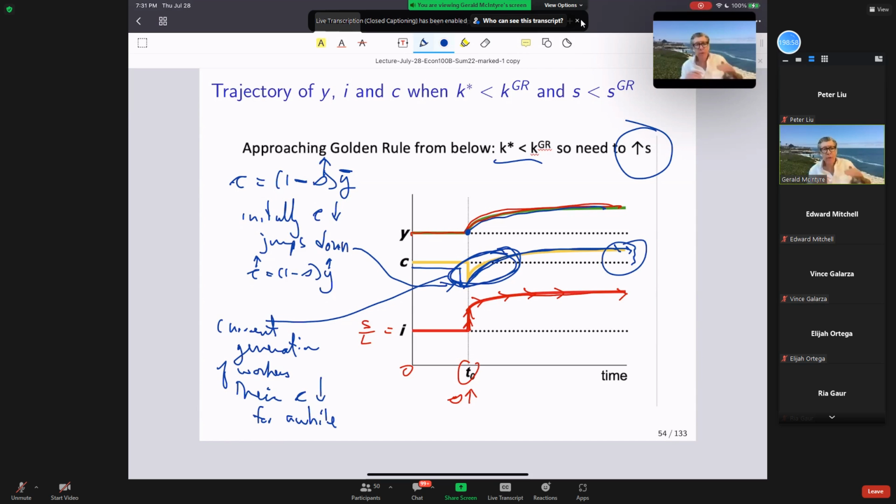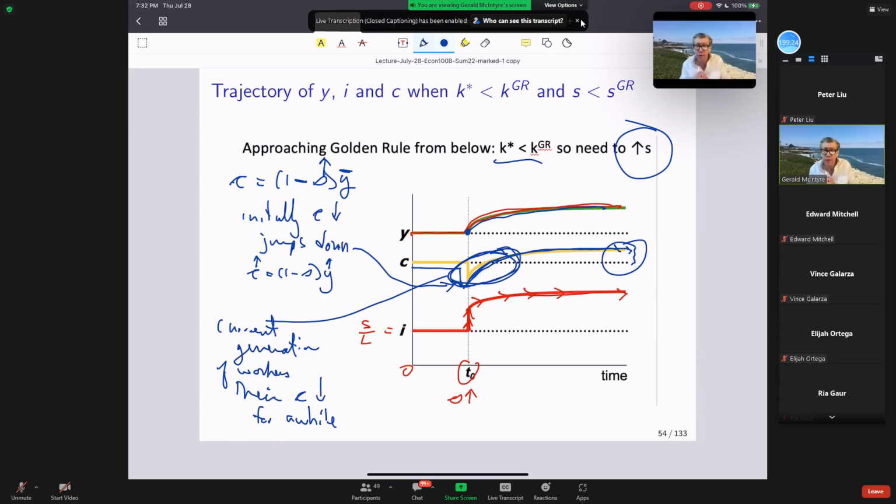And a politician would be saying the following: I'm going to do something that will benefit your kids, but it's going to make you worse off for the next 5, 10, 15, 20 years. That is not politically attractive. And if it's not politically attractive, current voters may not vote for it. And if they do not vote for it, the economy cannot achieve the golden rule.